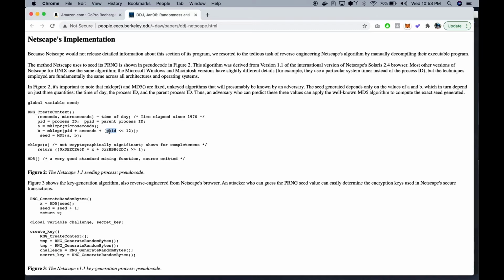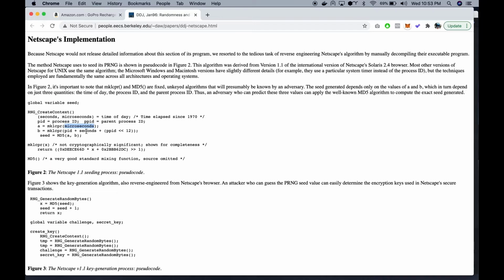An adversary can predict these values: process ID and parent process ID can be found by looking at the system options, and the seconds and microseconds of the day can be guessed on the order of 10 to the 6, especially the microseconds. You only have 10 to the 6 tries to figure out the microseconds in a timestamp.